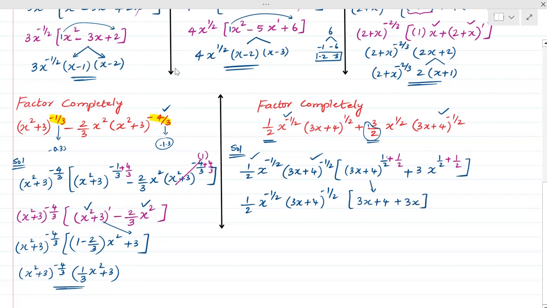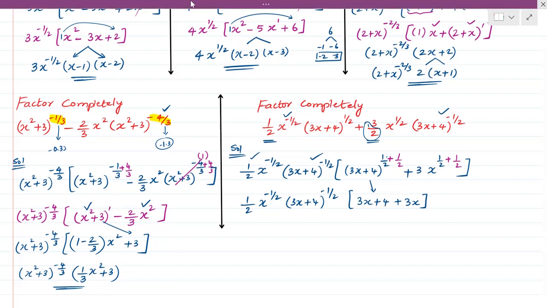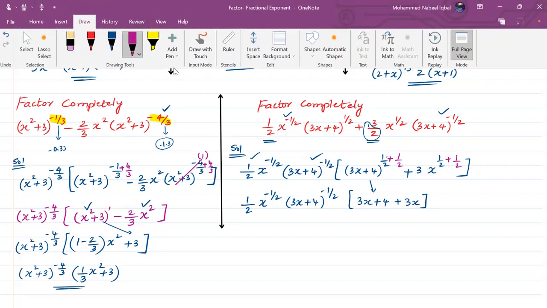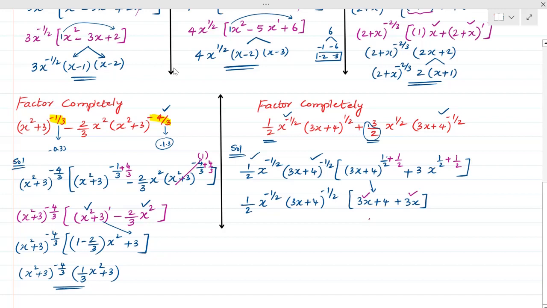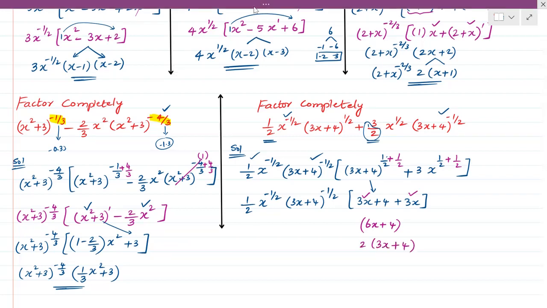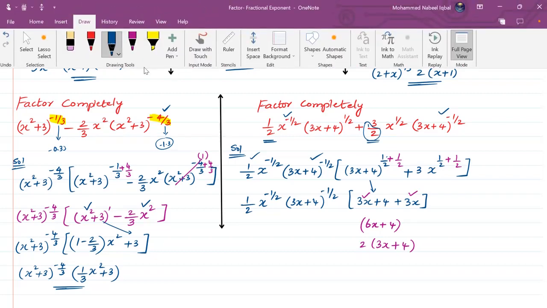So here we can simplify. You can simplify this one. 3 plus 3, which is equal to 6x plus 4. And 6x plus 4 can be written with 2 as a common factor, 3x plus 4 as it is.